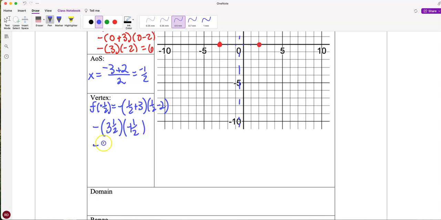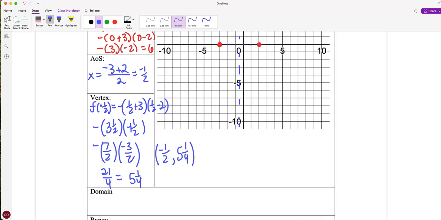So this is going to be -7/2 and -3/2, which is going to be what, 21 over 4, which 4 goes in there, 5 and 1/4. Okay, so the vertex is -1/2, 5 1/4.